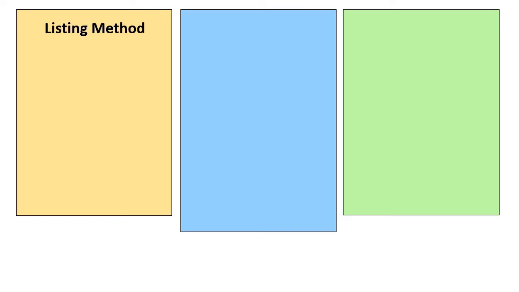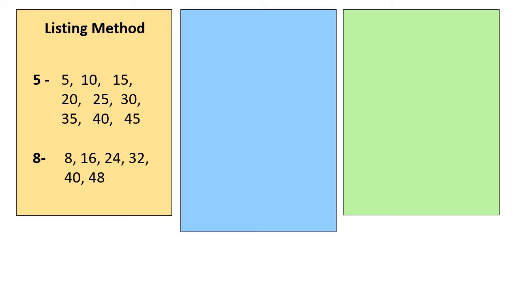So we have here the 3 tables. So in listing method, you're going to list down the multiple of 5 and 8. So in 5, we have there the 5, 10, 15, up to 45. And how about 8? We have 8, 16, 24, 32, 40, 48.